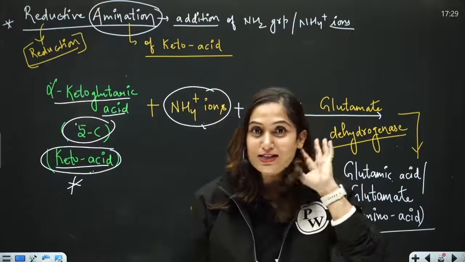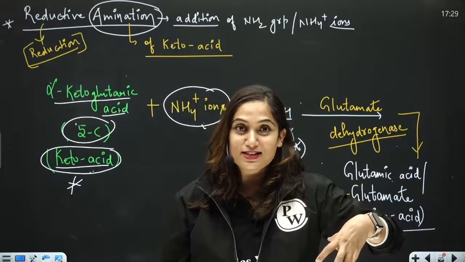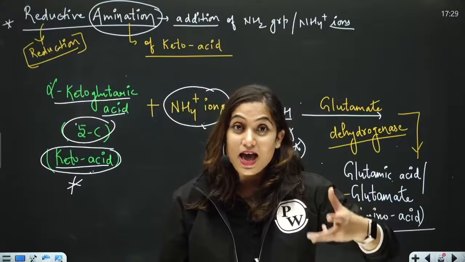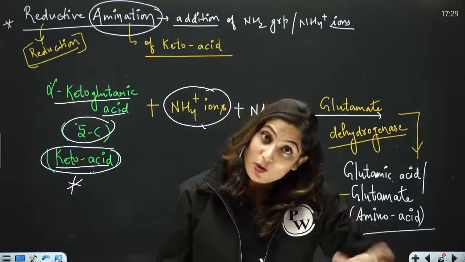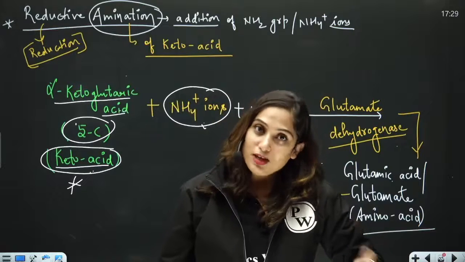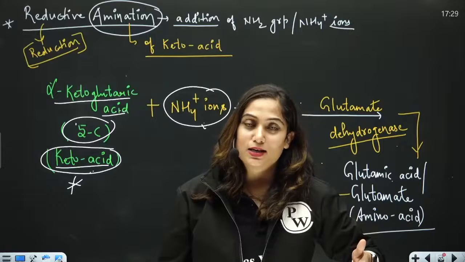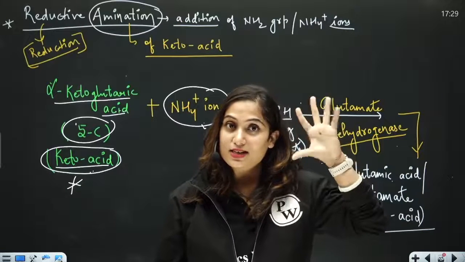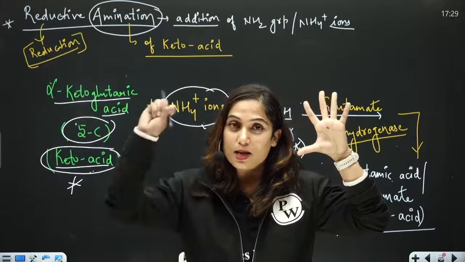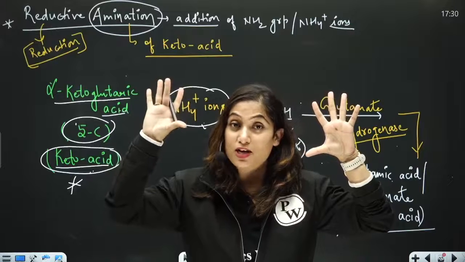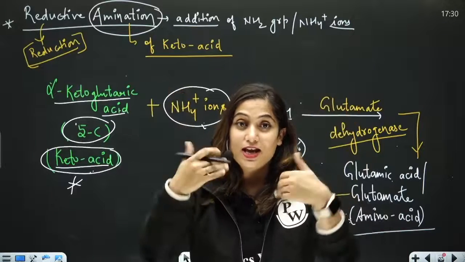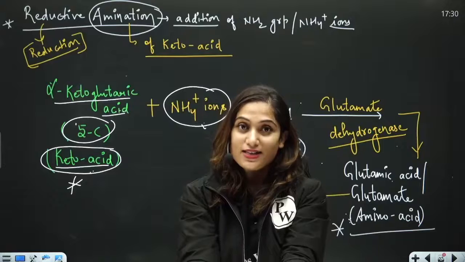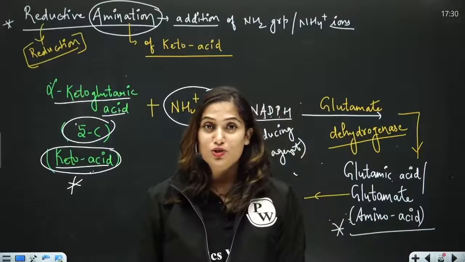How has the plant consumed these ammonium ions? The plant has formed amino acid from these ammonium ions. So when a keto acid accepts ammonium ions in the presence of a reducing agent, it gets converted into amino acid, and this is reductive amination.